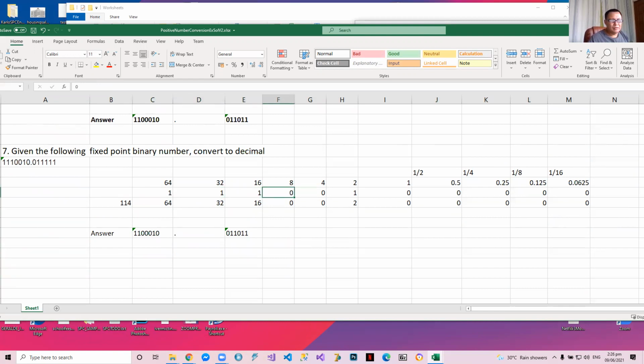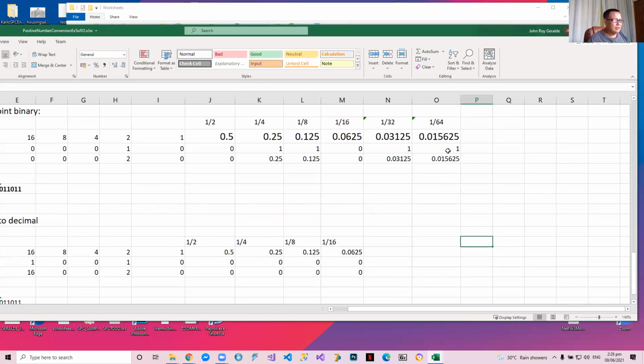Let me open the question again. 1110010. 1110010. Okay. And then we will have 0. We are short of 6 decimal places. Okay. 1, 2, 4, 8. We are short because we need more. Yeah, we haven't copied this.